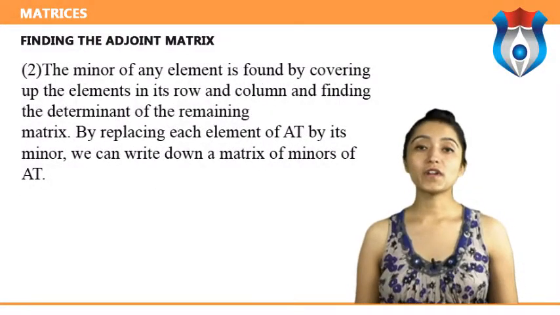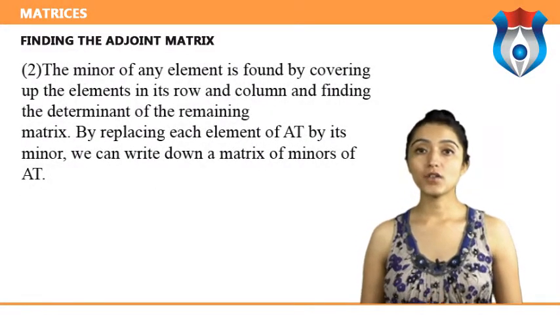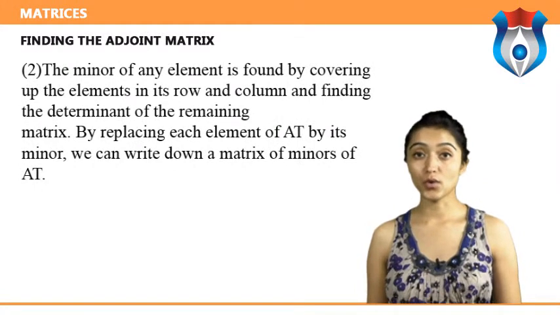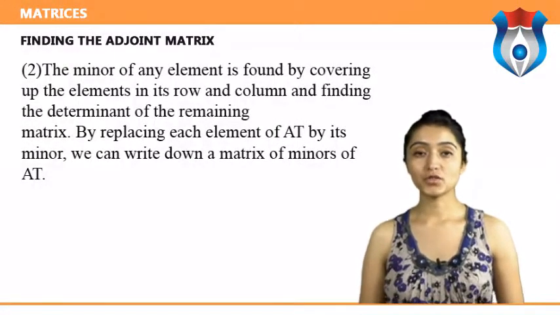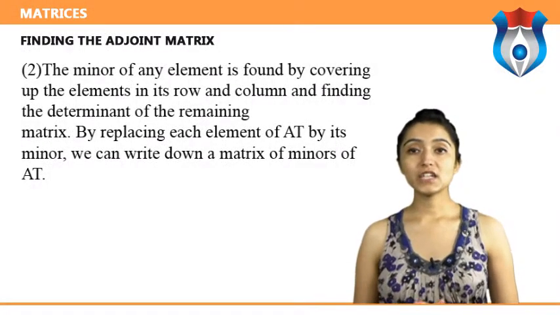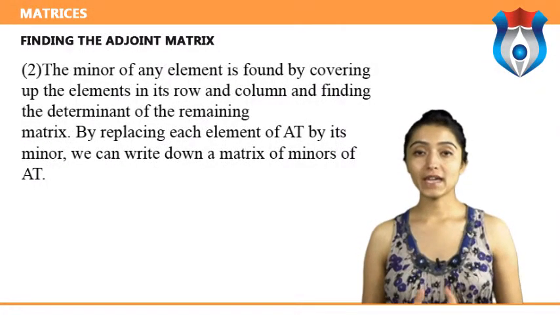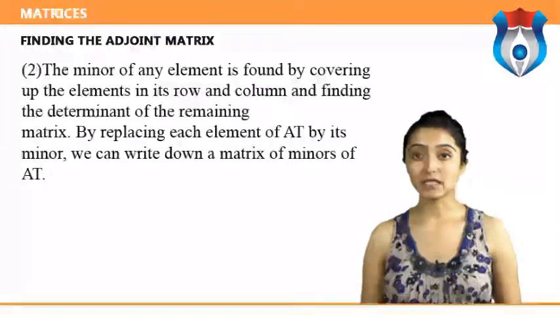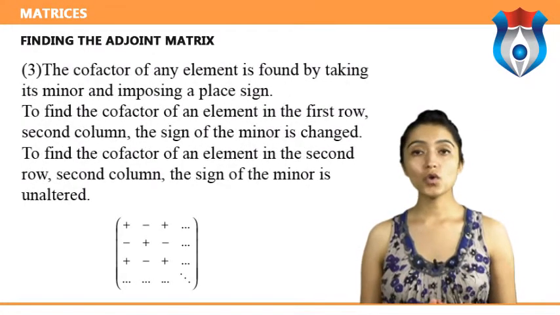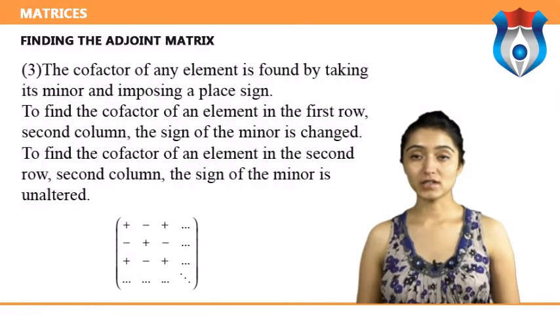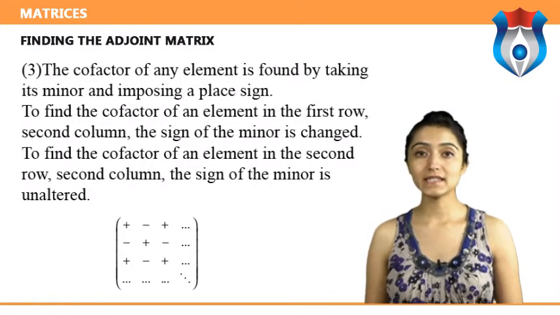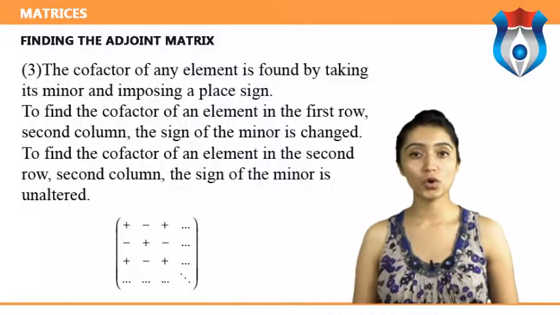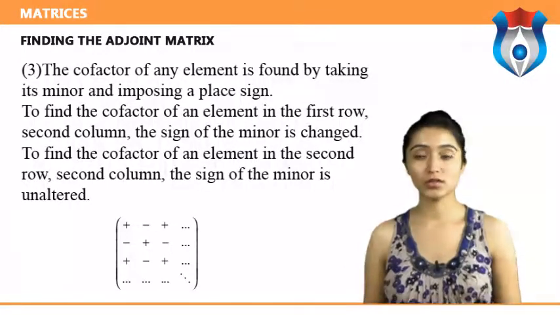The minor of any element is found by covering up the elements in its row and column and finding the determinant of the remaining matrix. By replacing each element of A superscript T by its minor, the cofactor of any element is found by taking its minor and imposing a place sign according to the following rule as shown on the screen.